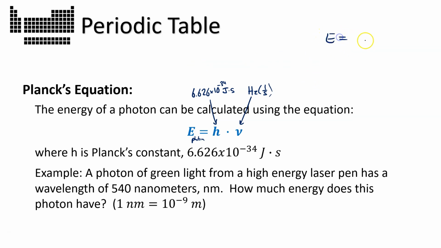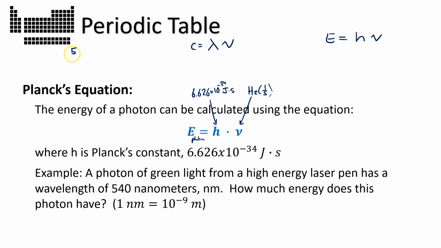So if I need to solve for the energy of a photon, that means I've got to use this equation. That means I have to know the frequency. So that's one of the challenges here: in this example, I wasn't given the frequency. I was, however, given the wavelength. So this is going to be sort of a two-step process where the first thing I'm going to do is use the speed of light equation from before to get the frequency, and then plug it in over here to solve for the energy.